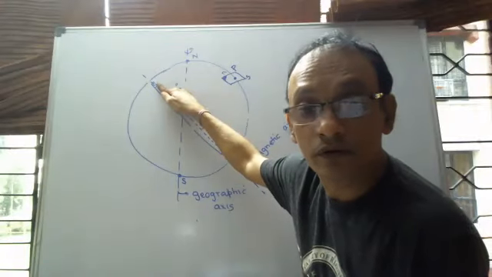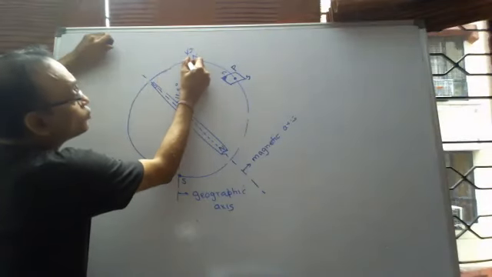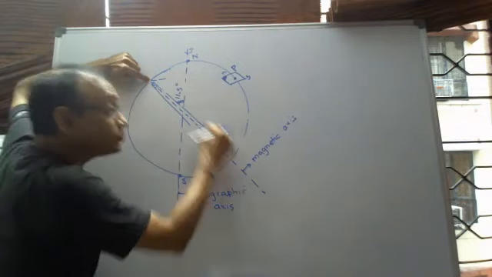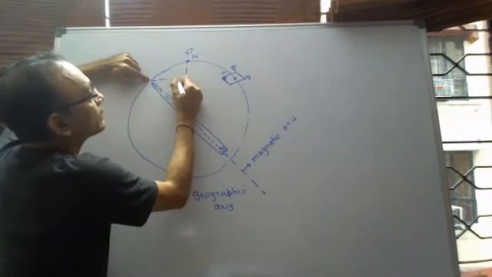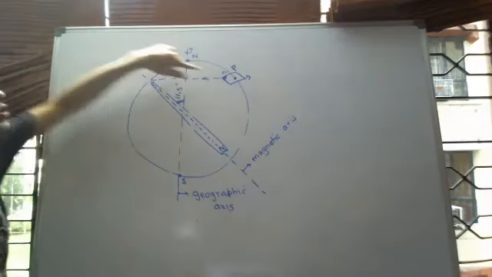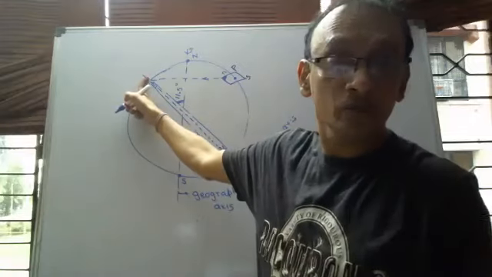So this magnetic needle, instead of taking you to the geographic north, will take you to this point, which is the south pole of this corresponding magnet. If you follow the needle, it will take you here.